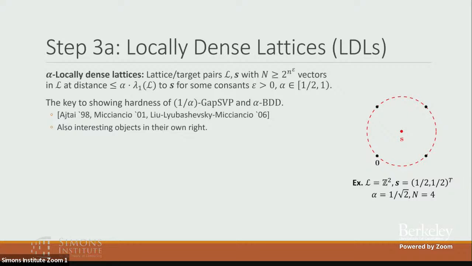These are also interesting geometric objects in their own right. They're connected to efficient decoding on lattices and various other things. One key point here is that we have a hard time constructing these gadgets deterministically. In fact, the key use of randomness in hardness reductions is in constructing these gadget lattices.